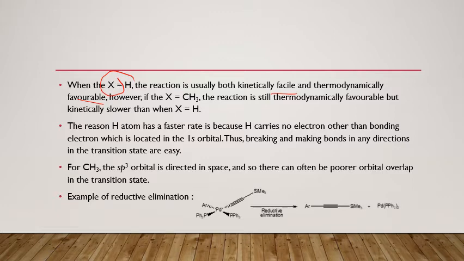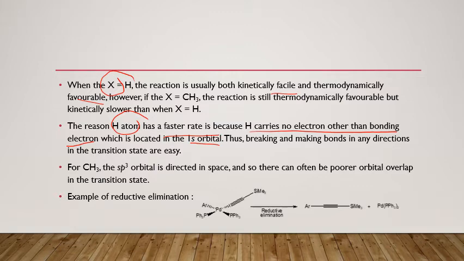It is because the H atom has a faster rate due to having no electron other than the bonding electron, which is located in the 1s orbital. But the CH3 there carries other electrons, making the breaking and making of the bond harder.